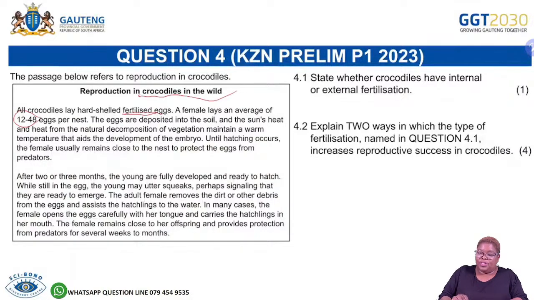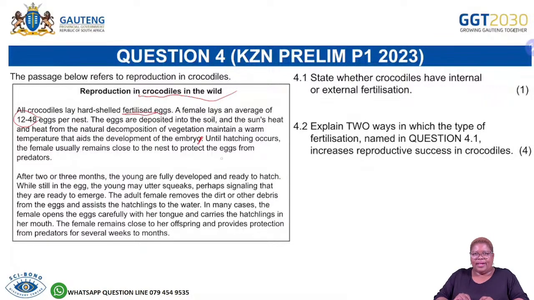The eggs are deposited into the soil, and the sun's heat and heat from the natural decomposition of vegetation maintain a warm temperature that aids the development of the embryo, okay? Until hatching occurs, the female usually remains close to the nest to protect the eggs from predators.